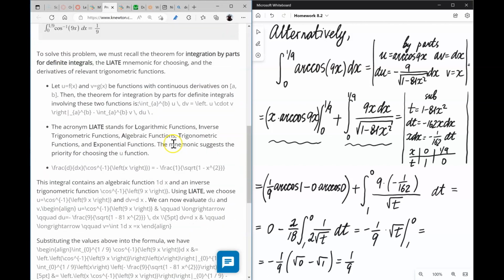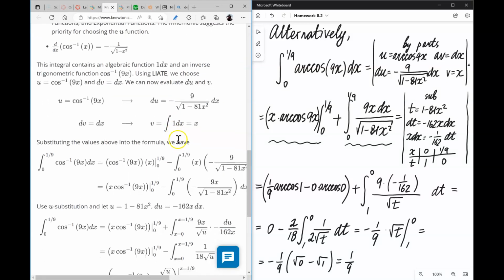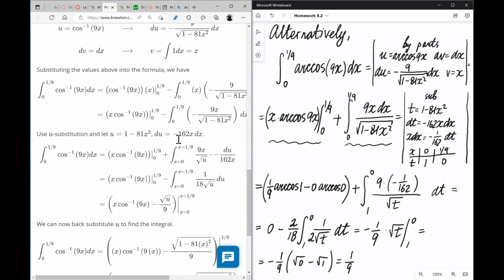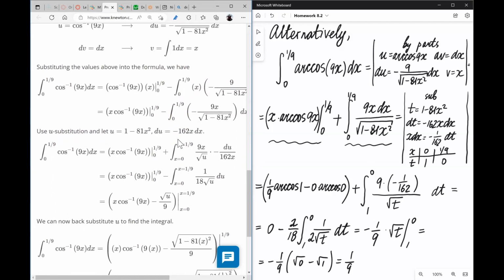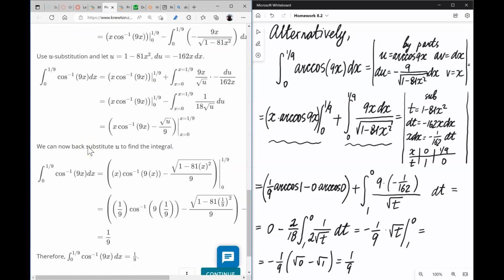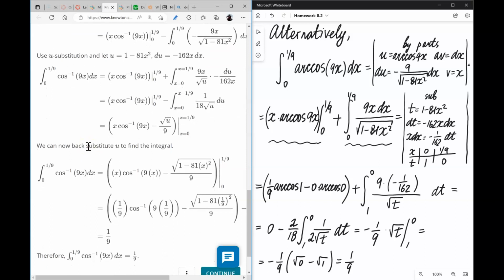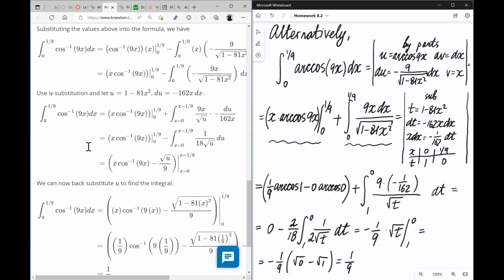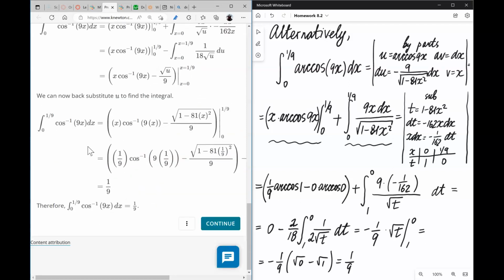And we can see what Newton's preference is. Let's see. They like this u substitution, so they're doing something even crazy, right?